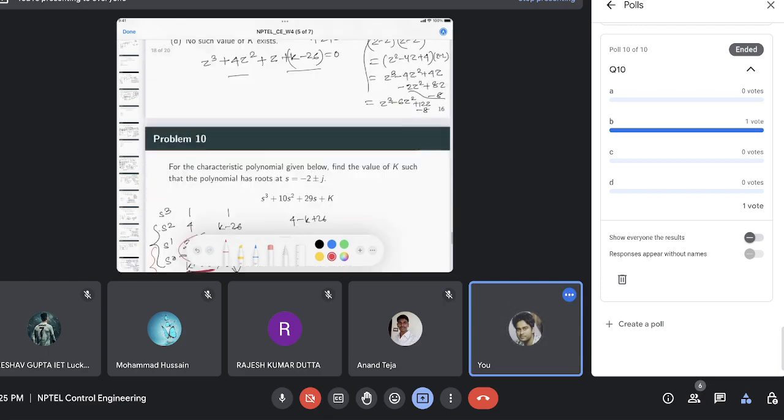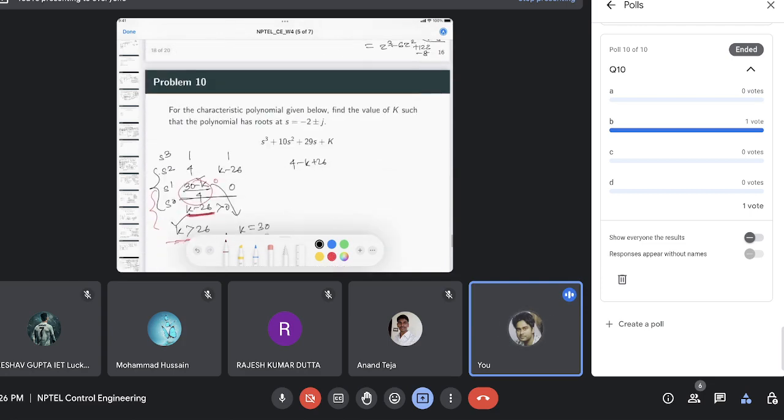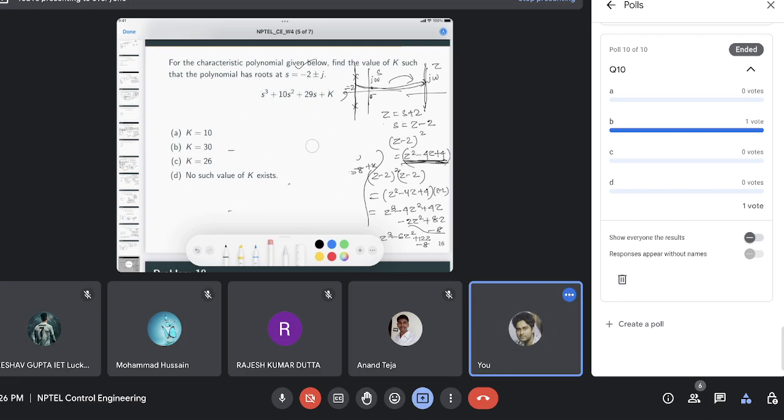Okay, so another approach. So what will it be? You are given two poles, -2 plus minus j, and if you remember, for an nth order polynomial, what happens?